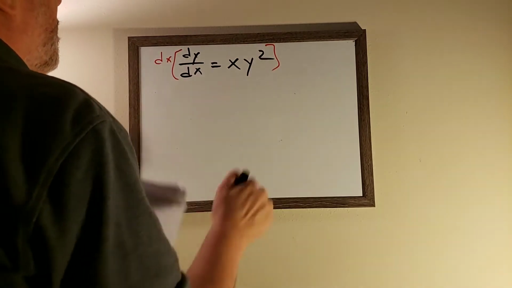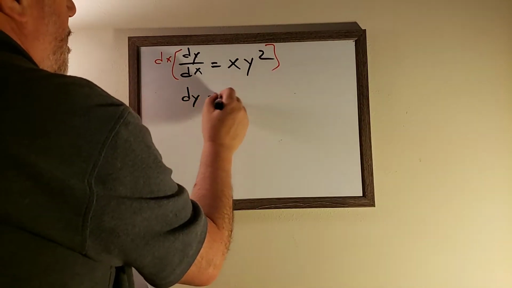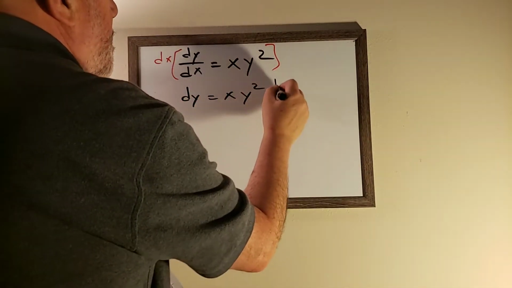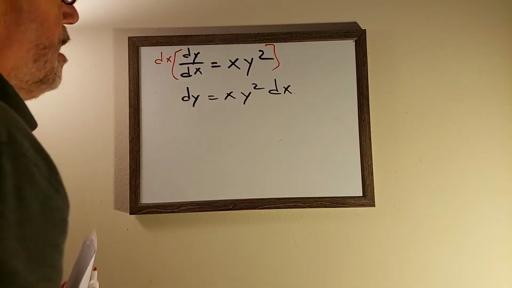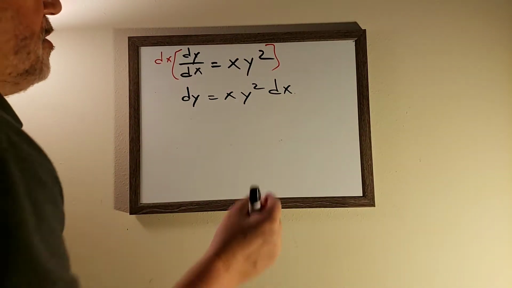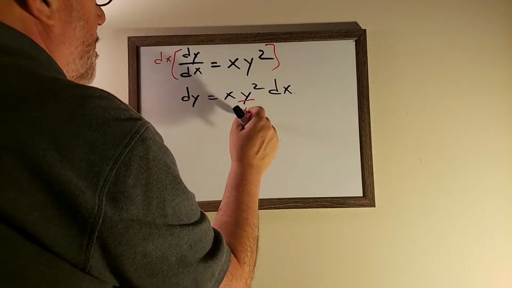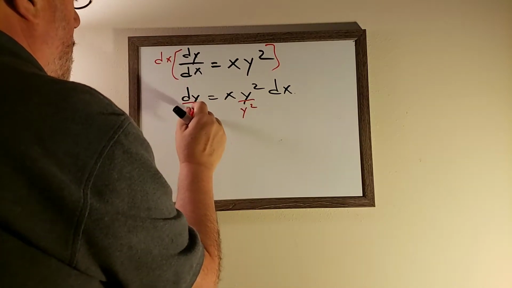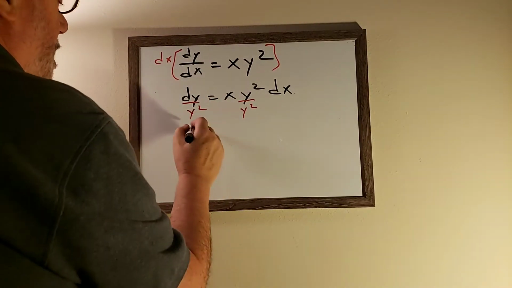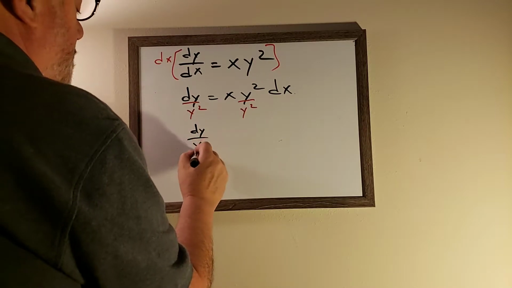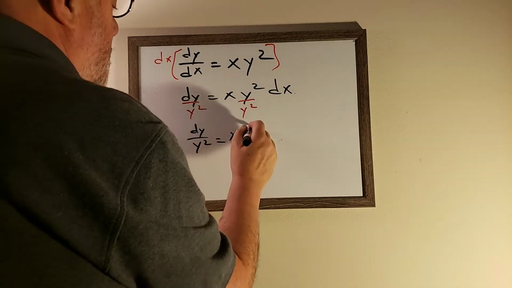And we'll bring that over. So we get dy equals xy squared dx. And then I want to bring my y over. So let's divide everything by y squared.